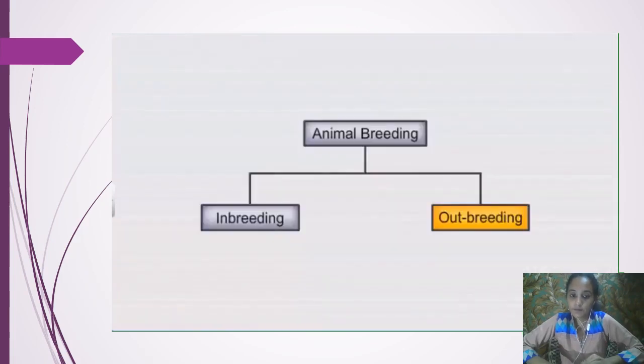Okay, clear, I think. So from this video, they are showing how inbreeding takes place and what the disadvantage of inbreeding is, that is inbreeding depression, and how we can overcome the inbreeding depression.